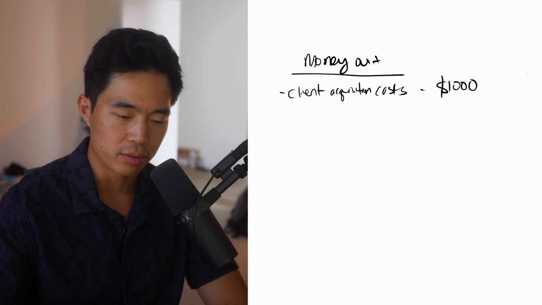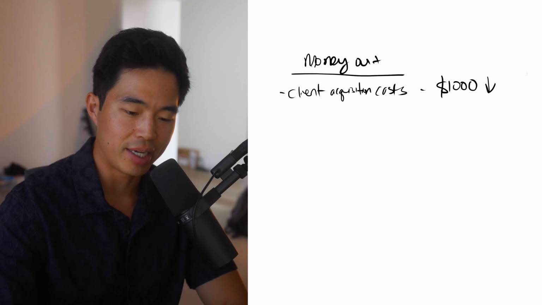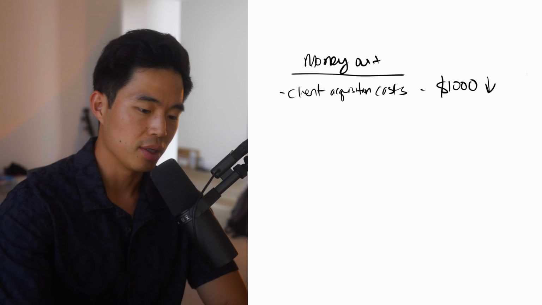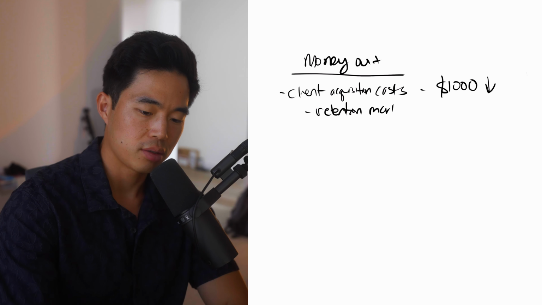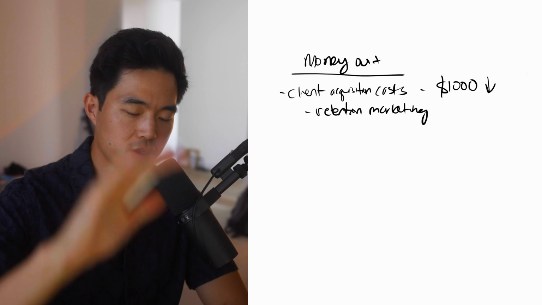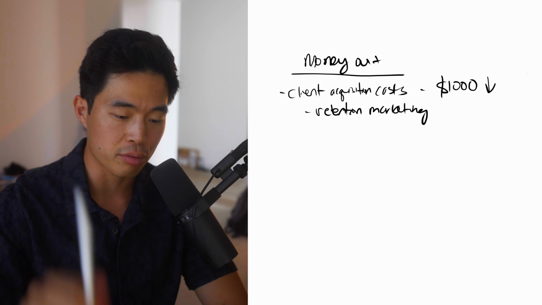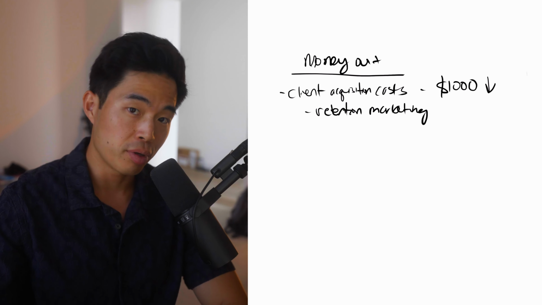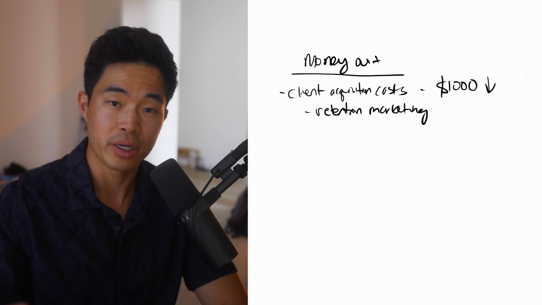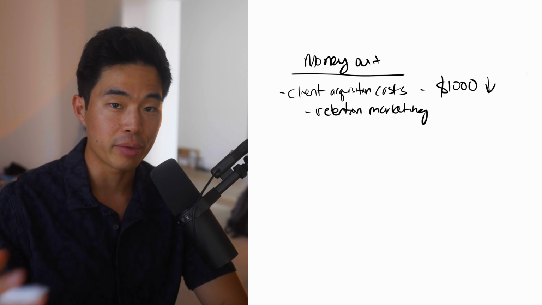Obviously, we want to lower this, right? So we want this to go down, and there are different ways we can do this. First is retention marketing. So of course, every business is different, but emails are a great way to retain your current clients. If you sell a product, you should be for sure hitting them with emails very, very regularly.